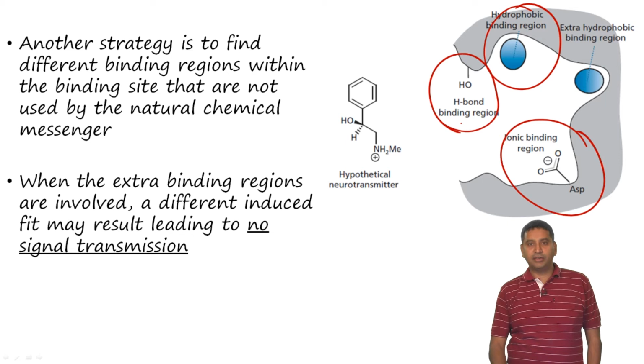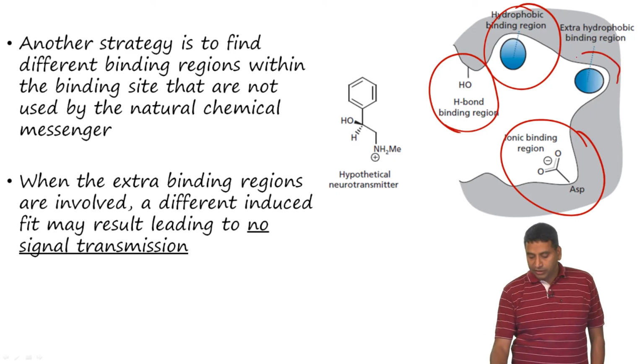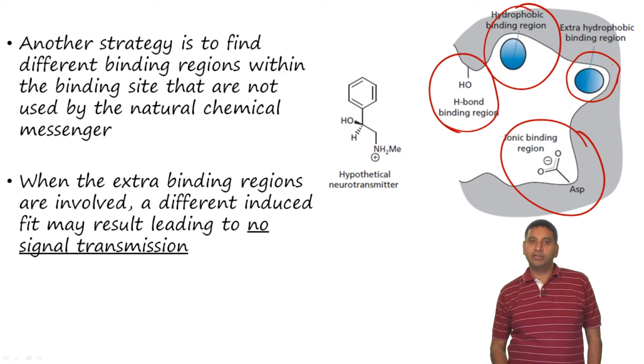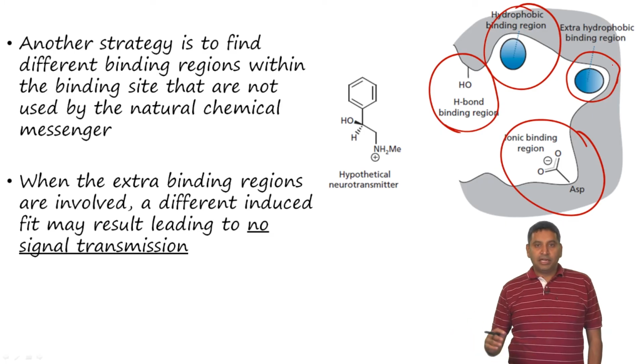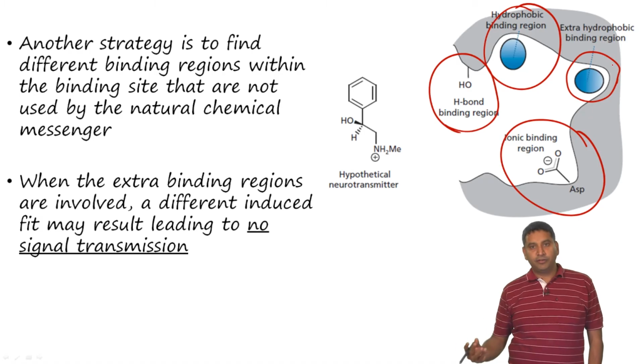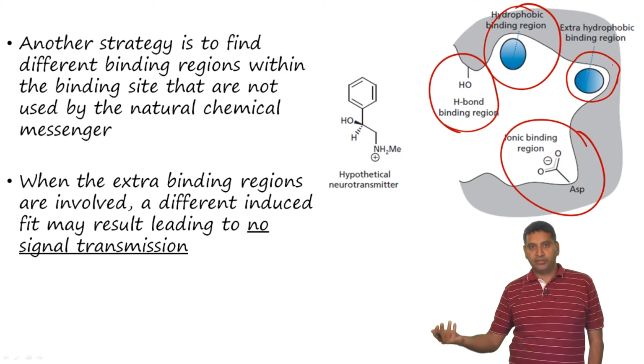All these three are going to bind to the neurotransmitter. However, if you look at the biochemical structure of the receptor, you will find that there is an extra hydrophobic region that can potentially be used. When the extra binding regions are involved, it may induce a different fit. And once this different fit is induced, it is possible that it may not give the same conformational change that was necessary for the signal to be generated.